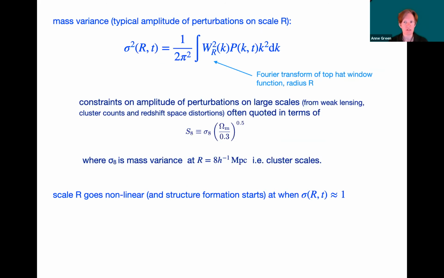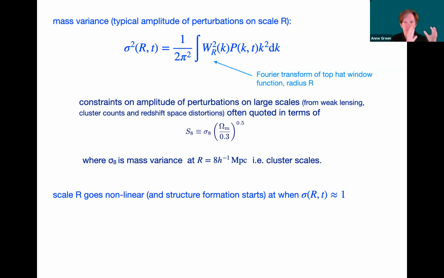So just to fill in some things that I've talked about. A quantity that's useful is the mass variance, sigma, and it's essentially just the typical amplitude of the perturbations on some scale R. It's calculated by taking the power spectrum, multiplying it by the Fourier transform of a window function, which is squared, which is what you use to select out the particular scale R that you're interested in, and then integrating over all comoving wave numbers k.